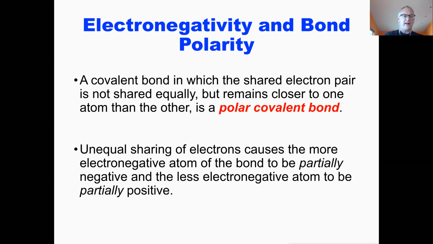So a covalent bond is basically a shared pair of electrons, right? But they're not always shared equally, because one atom will have a greater ability to pull on that electron cloud. And remember, I've been trying to make the point that it's important not to think of this pair of electrons between these two carbons as two dots in space, because they're not, as we've seen with last chapter and good old quantum mechanics.